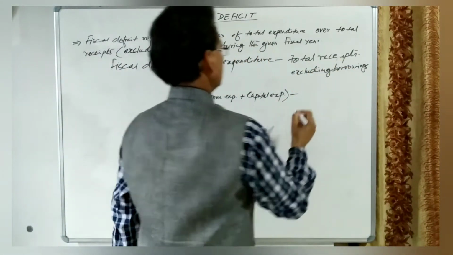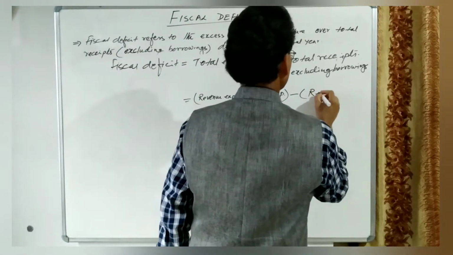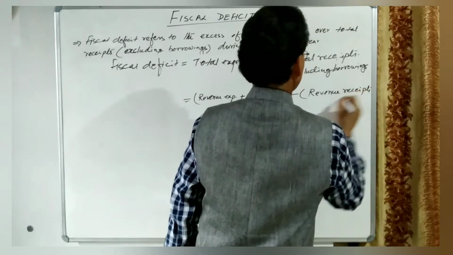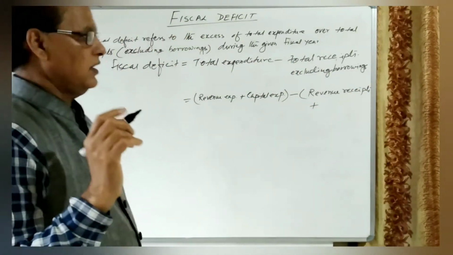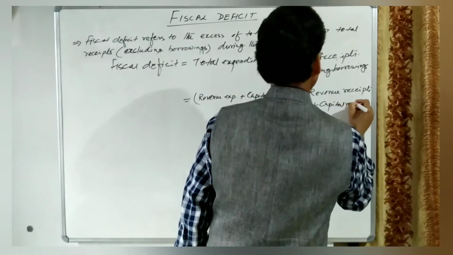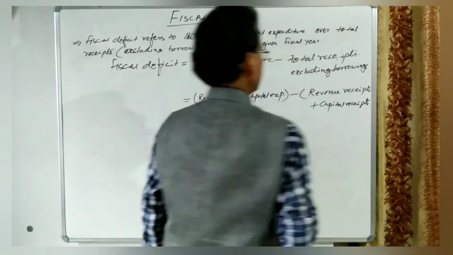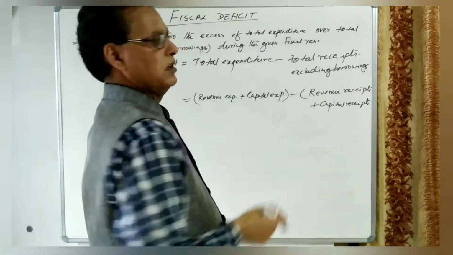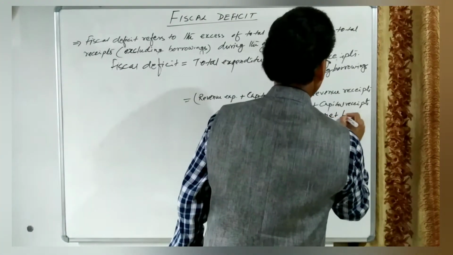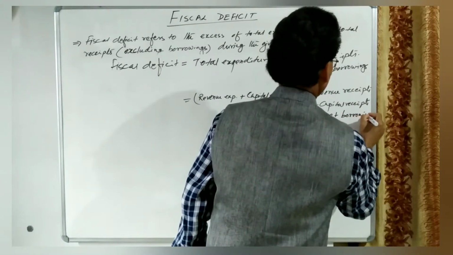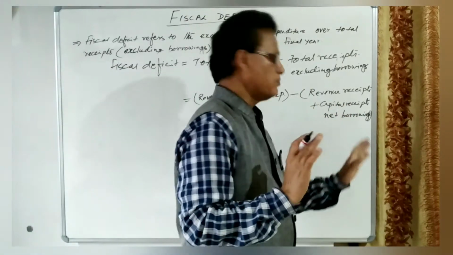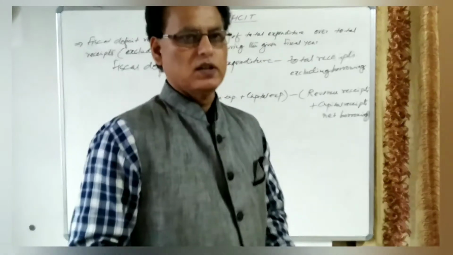Then total receipt is also equal to revenue receipts plus capital receipts net borrowings. Capital receipt net borrowings means capital receipt excluding borrowings, except borrowing.